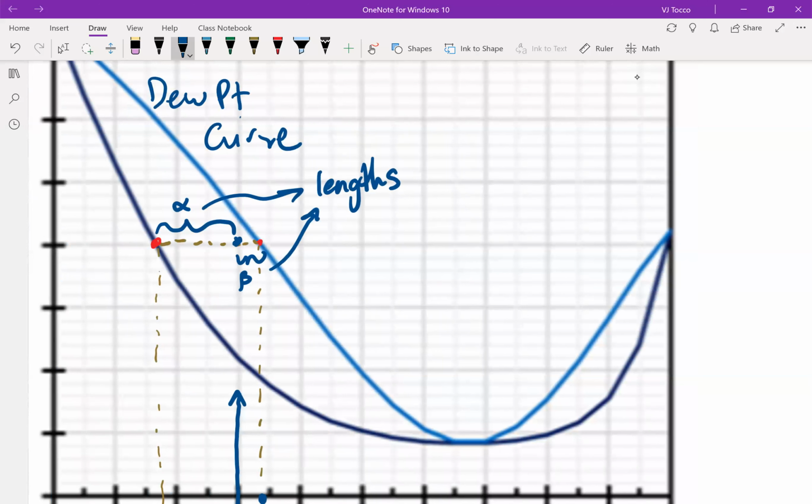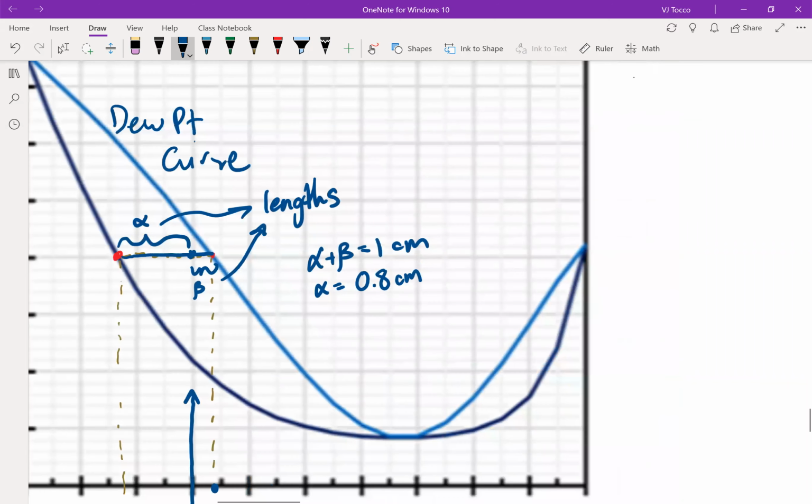If you just take a ruler and measure what percentage of the way we are, let's just say the whole distance of this line segment, alpha plus beta, is 1 centimeter. Then you would measure alpha, and say in this example alpha is 0.8 centimeters.